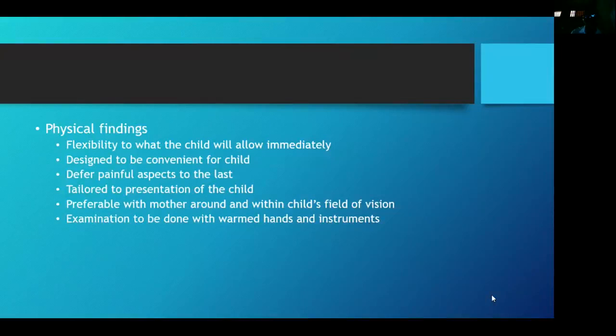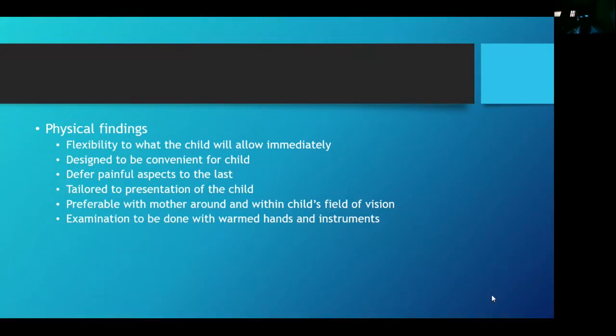It's not that you want to examine every aspect at one go, but you want to do the essentials for the child so that the child will cooperate, and then you'll be able to make appropriate inference. And again, a lot of times the caregiver, usually the mother, should be around and within the child's field of vision.